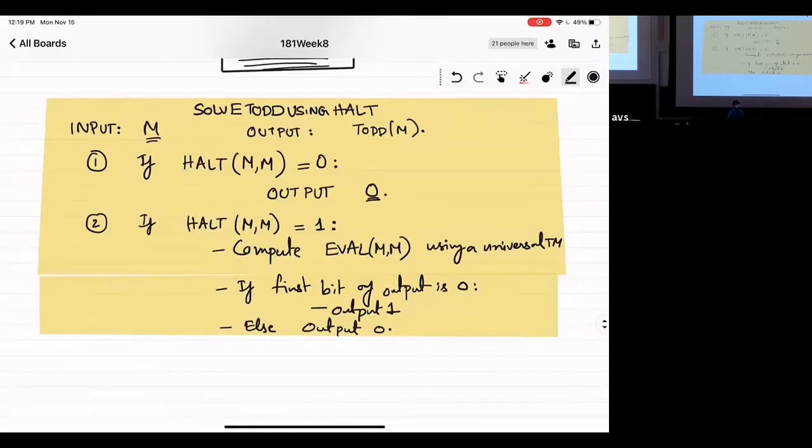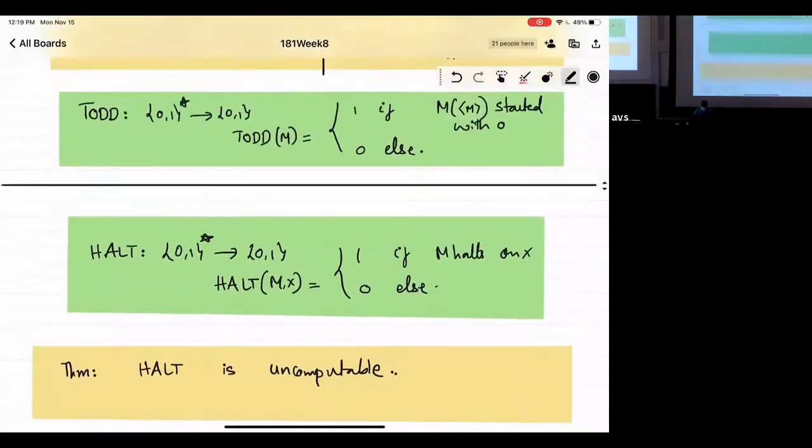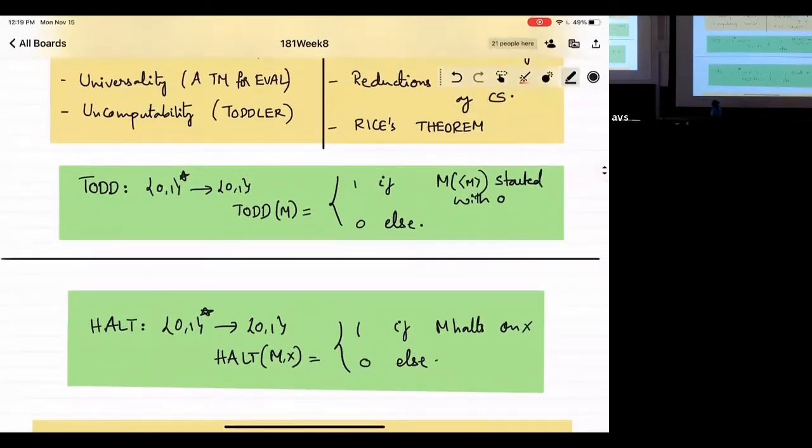Yeah? Why are you setting the output to be 0 when the machine doesn't halt? Basically, in the definition of Todd, if the machine doesn't halt, then the output of the function is 0.